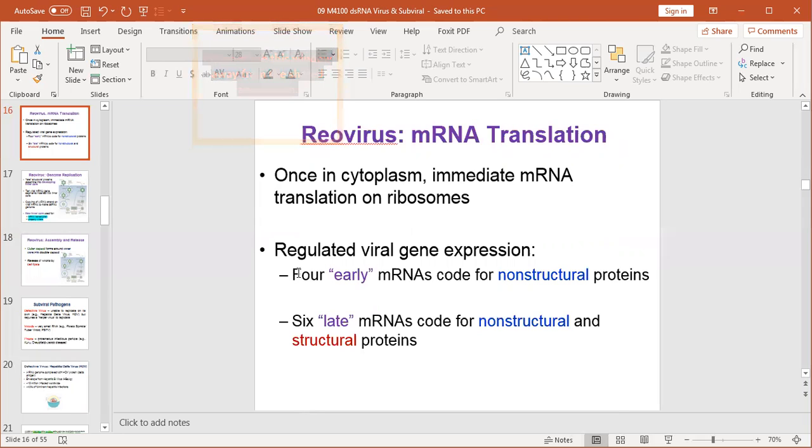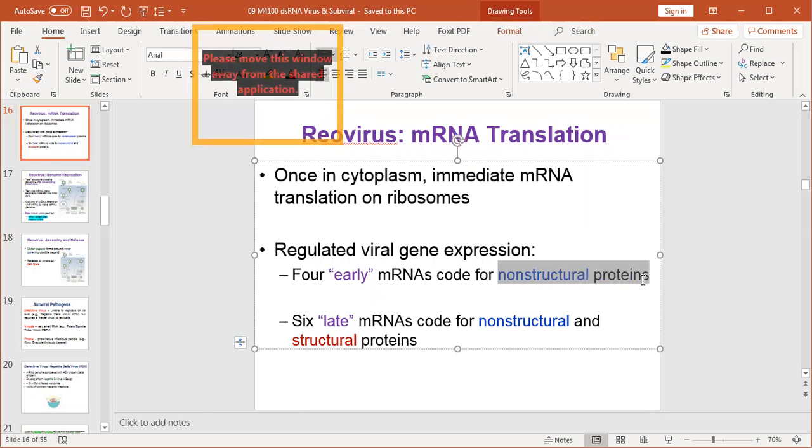Initially, we have 4 early mRNAs, it's just the timing, that code for non-structural proteins. Remember, we have early gene expression, genome replication, and then late gene expression. So early gene expression is the step immediately prior to genome replication.